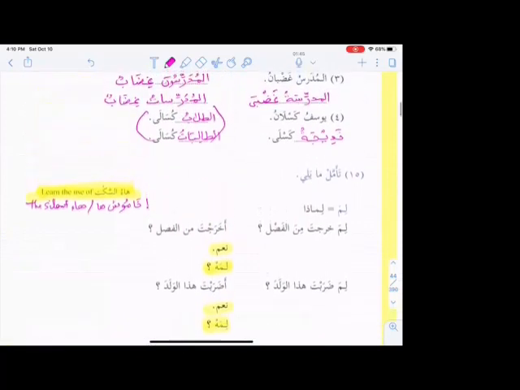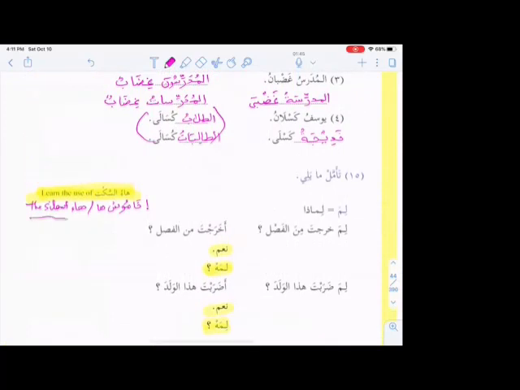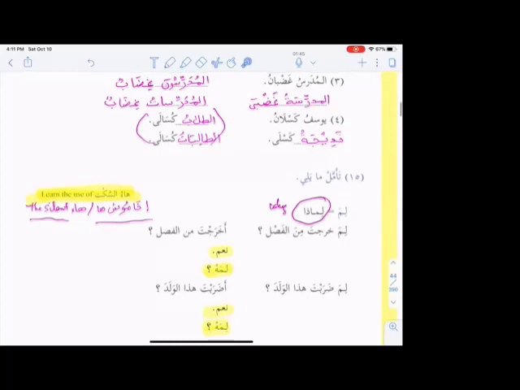So here, the silent ha, the khamosh ha, the ha sakti. Lima means limaza. You must understand, not forget. Don't get confused. Lima means limaza. Why? Lima kharajta min al-fasli. Why did you come out of the class?